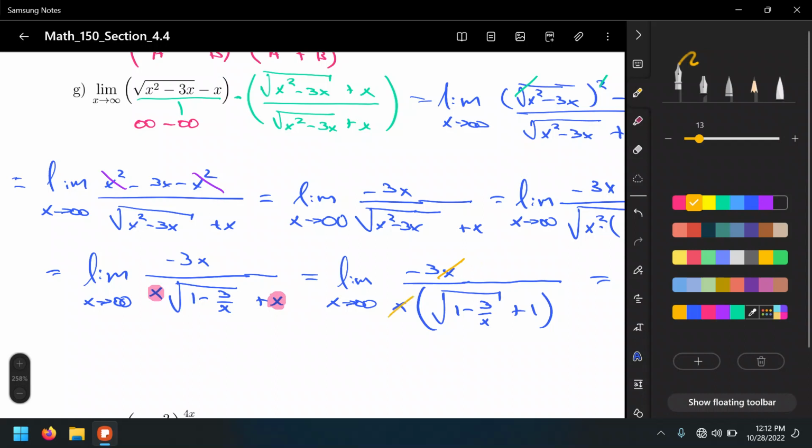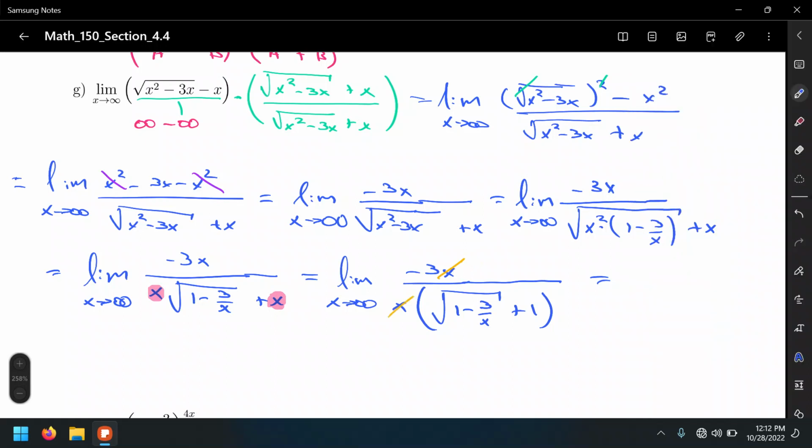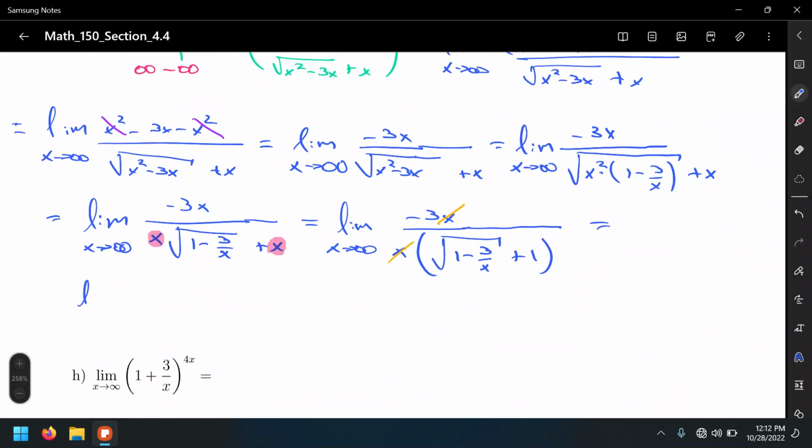divide out the x, and we may go about computing the limit of negative 3 over the square root of 1 minus 3 over x, plus 1, as x approaches infinity.